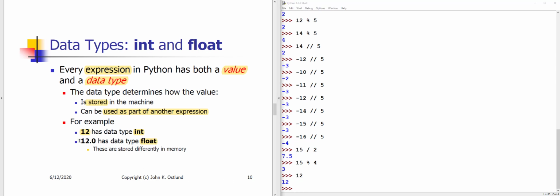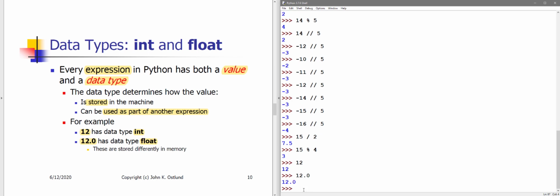The value 12.0, on the other hand, mathematically is the same value, but internally within the system, it's stored in a different way because it has to keep track not only of the integer part, the 12, but also a fraction part, which occupies a different collection of bits in addition to the integer part of the value. Now, the fact that the fraction part is 0 here does not alter the fact that this pattern of bits has to be stored in a different pattern than the integer value 12.